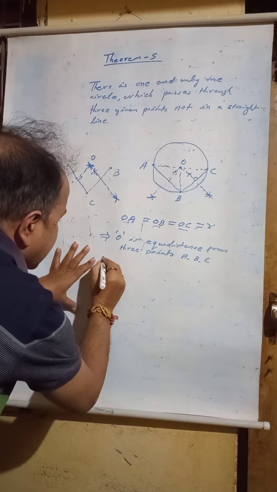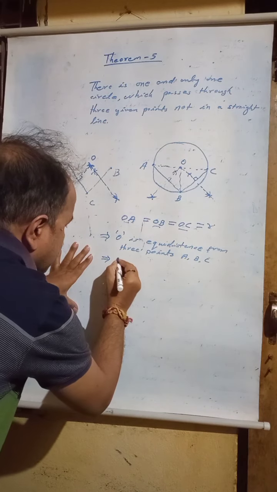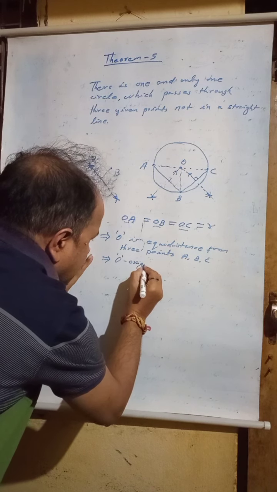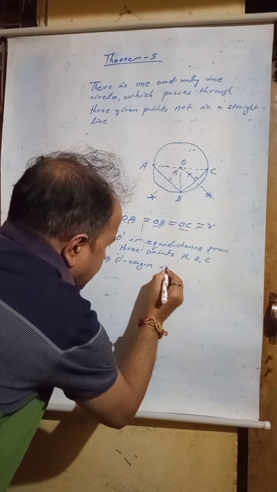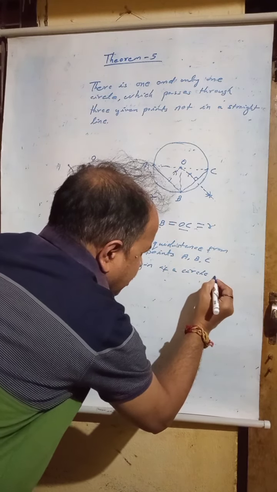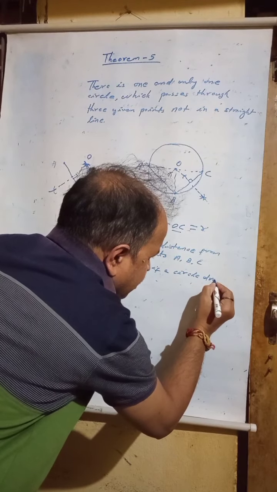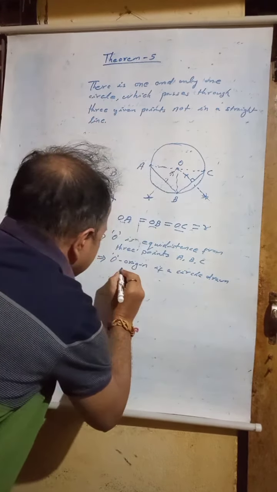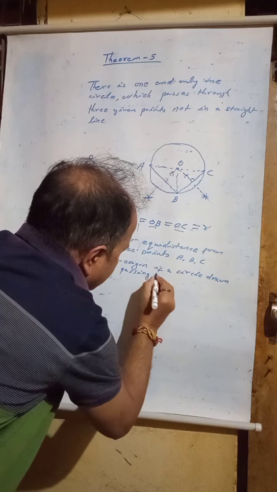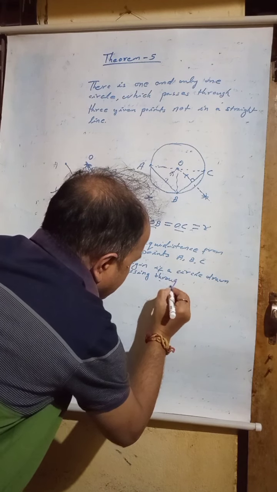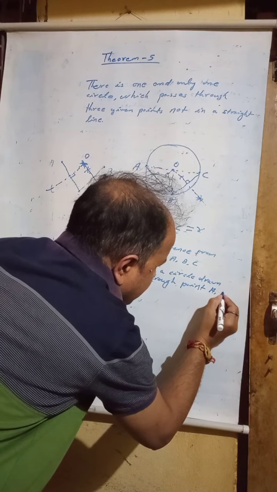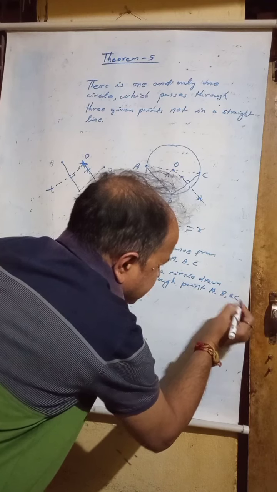So this implies that O is the center if a circle is drawn passing through points A, B and C. Got it?